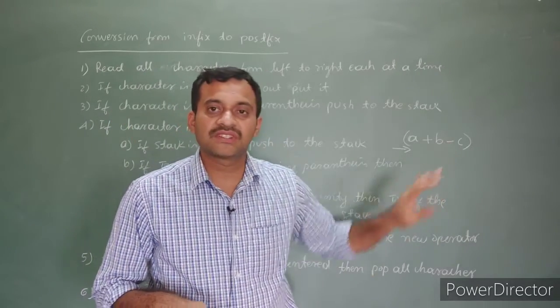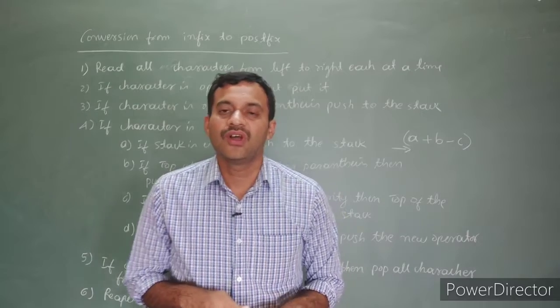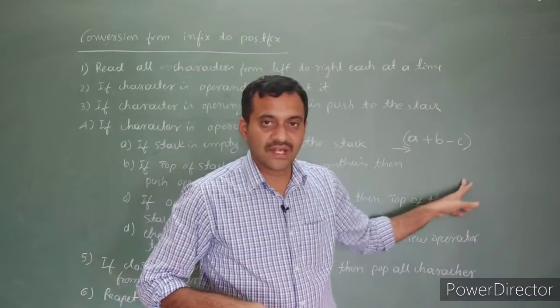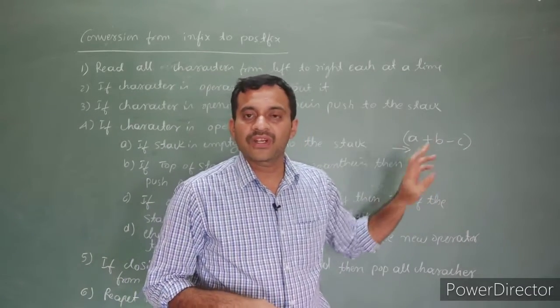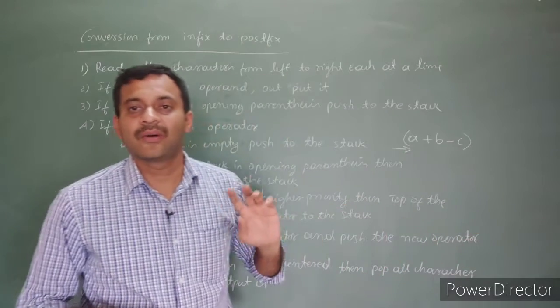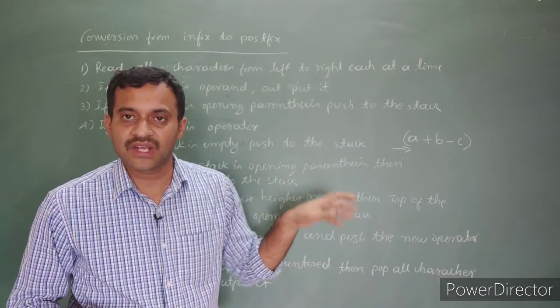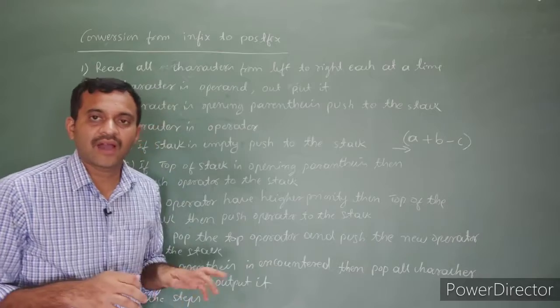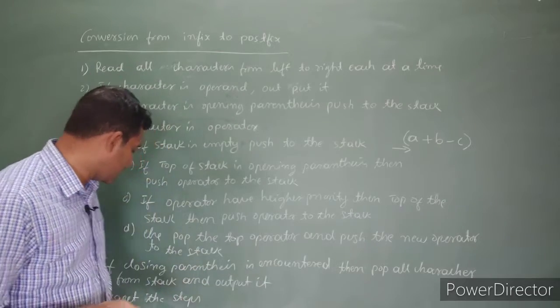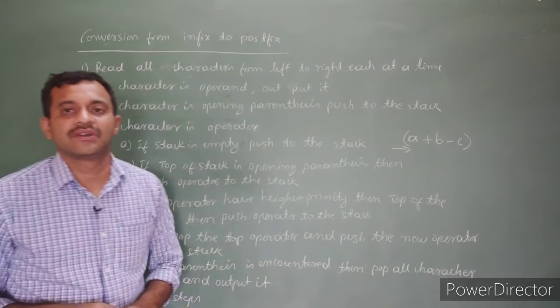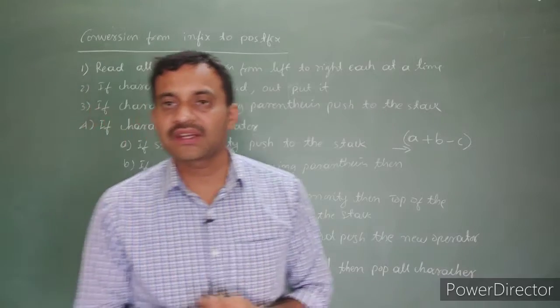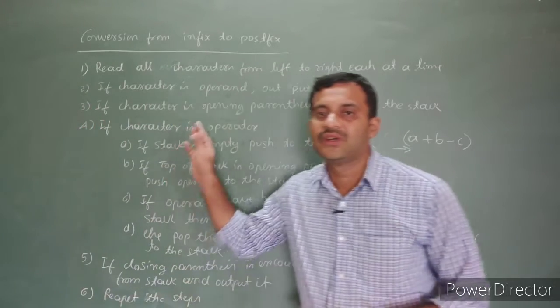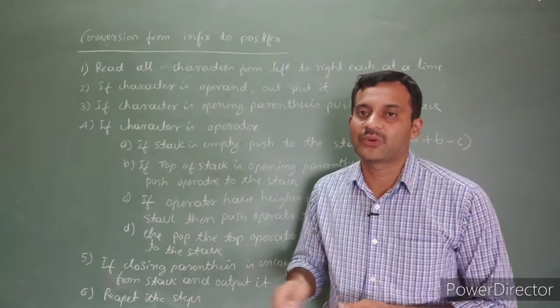Only infix expressions have parentheses. So when the closing parenthesis appears, pop all the operators from the stack, that is, remove the operators from the stack and output them. If we have more characters, then repeat the steps from the first. So this is the process.